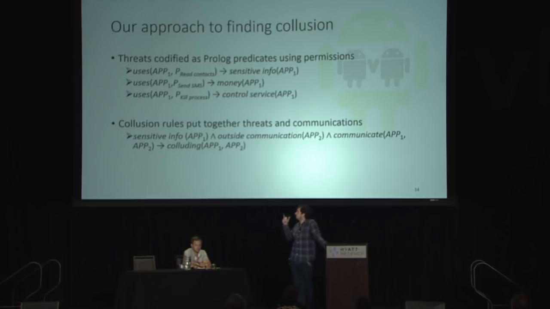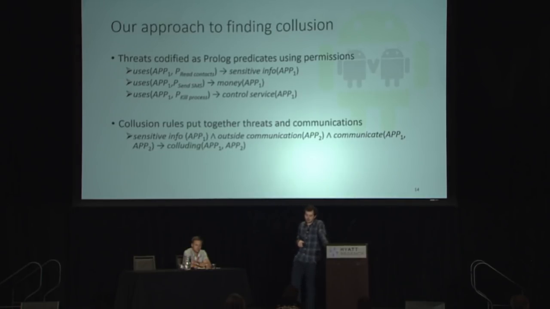Some of them, as the ones you see here, were used to codify certain actions. So for example, if an app was using the read contact permission, we would say that that app had access to sensitive information. If an app was using the send SMS permission, we would say that that app could be used to charge the user some money, and so on with all the permissions.